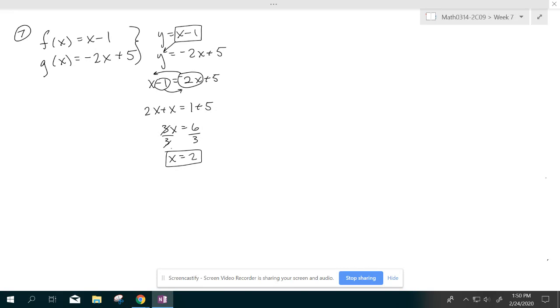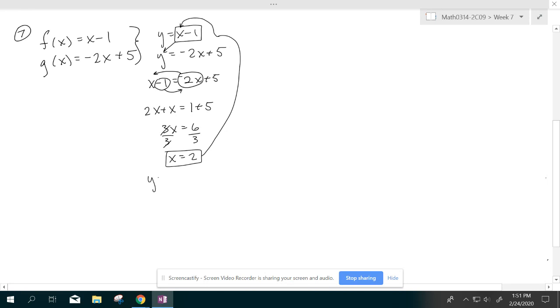And am I done, or do I still have stuff to do? I got to get y, right? So if I know x, I can bring that all the way back up here, and I can either plug into this x. Are y'all looking at what I'm pointing at? I can plug into this x or this x. Either one of these will calculate y. So you want to go top again? Okay, so we'll bring it all the way up here.